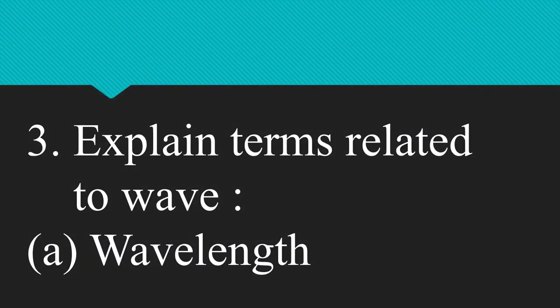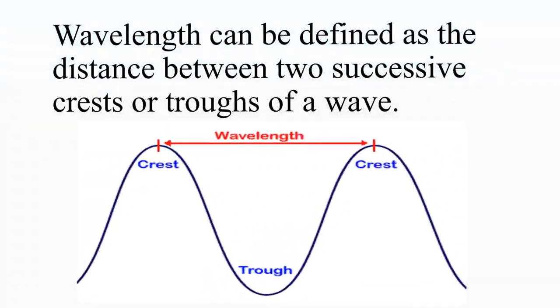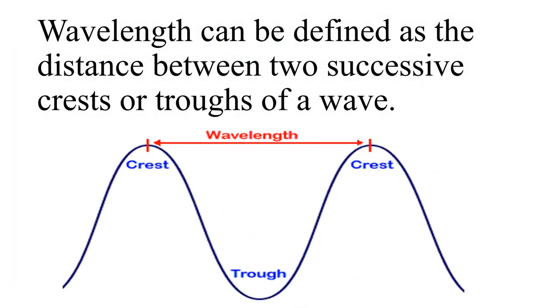Question number 3. Explain terms related to wave. In this question, we will be learning a few important parts of a wave. The first one is wavelength. Wavelength can be defined as the distance between two successive crests or troughs of a wave.